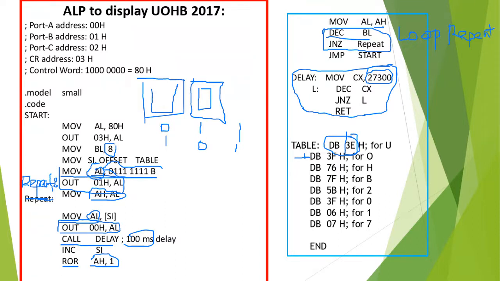And then once it is done, jump to start from the beginning, or we can write the start label here also. JMP start label here, because you know that the control word we don't have to send again and again at the beginning, because there is no change in the control word to the control register. So we can write it here or at the beginning where it is now. Okay, so do you have any question here?